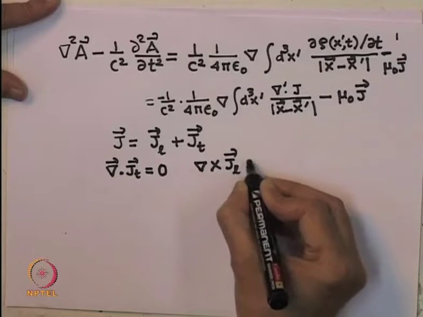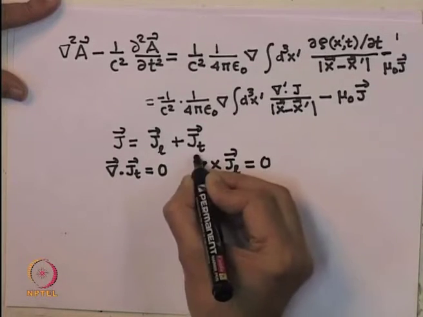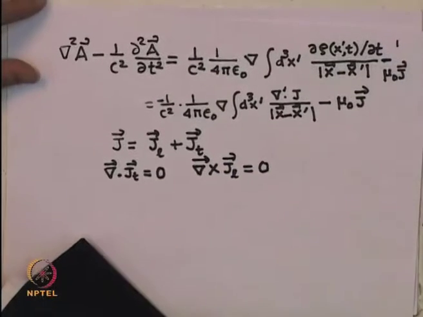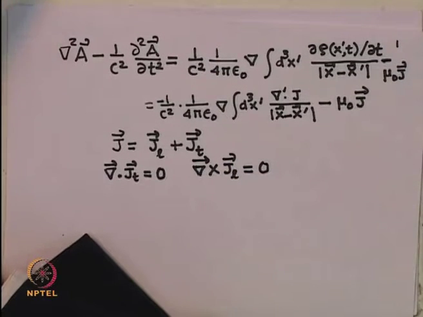Now, this is something which we have been doing all the time, saying that a vector is completely specified by specifying its curl and the divergence. So, this also implies that if I have an arbitrary vector, I can resolve it into a curl free vector and a divergence free vector.